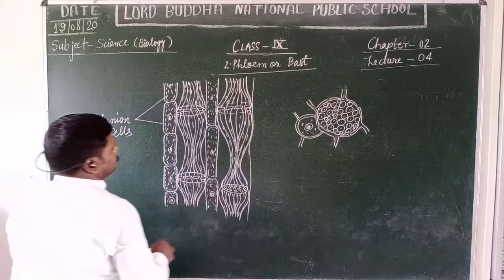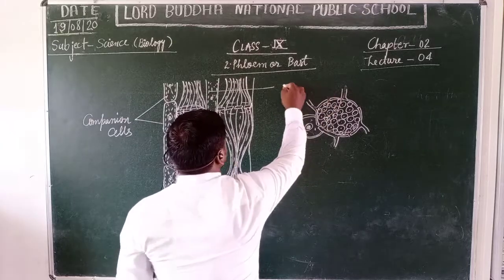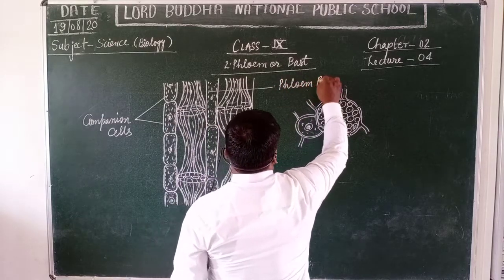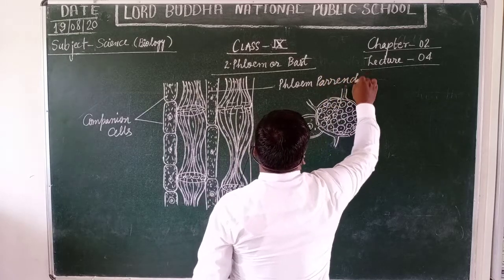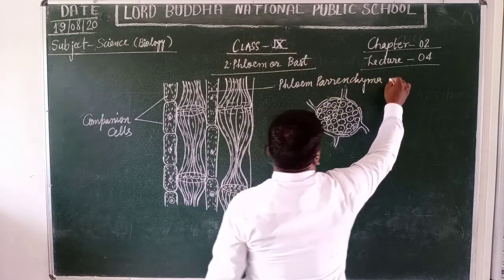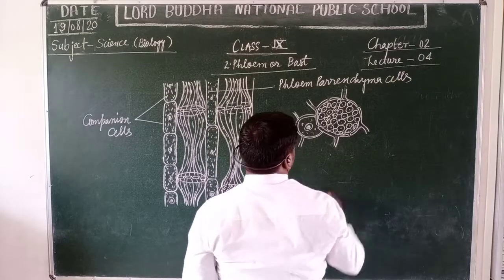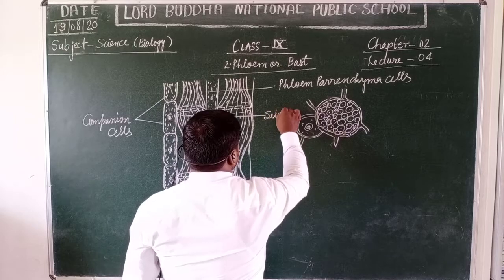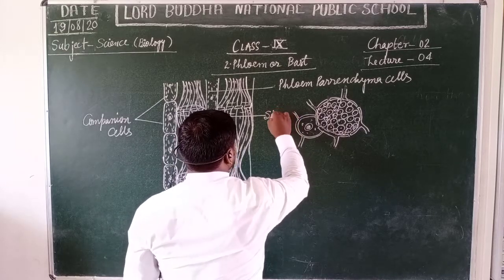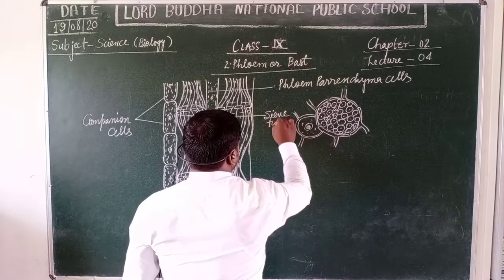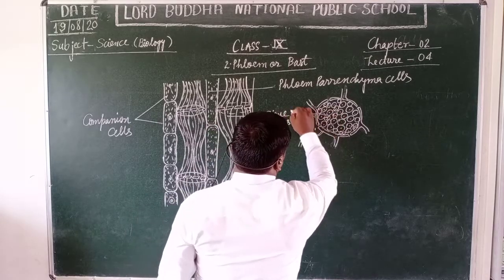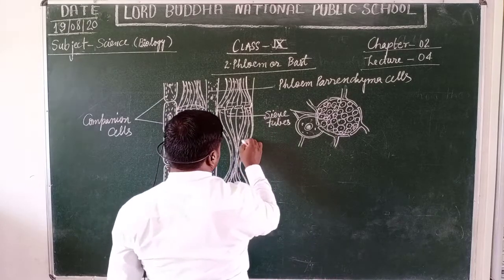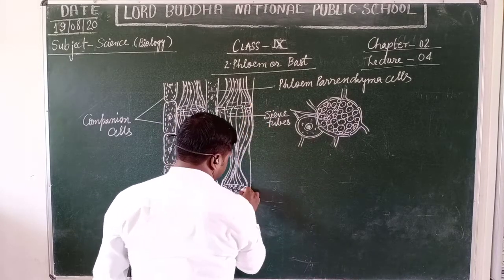Companion cells. The phloem parenchyma cells. Sieve tubes. And this structure is the sieve plate.